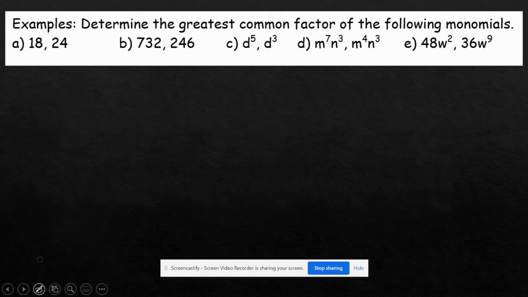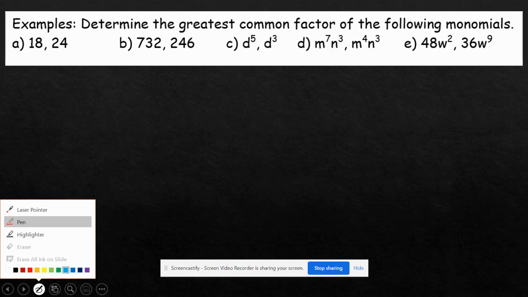Now, if we put it all together and we look at this last one, we have numbers and letters.